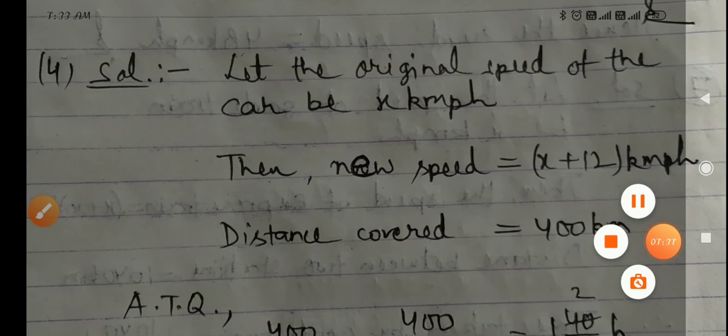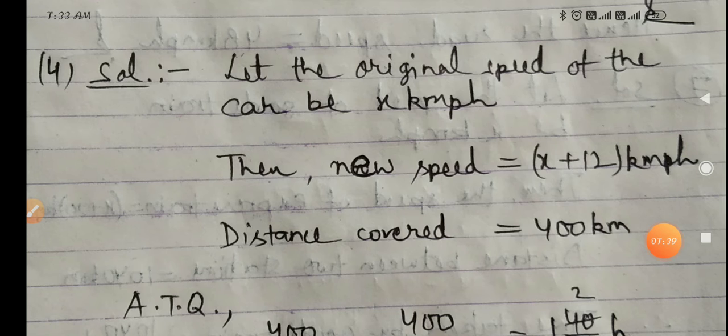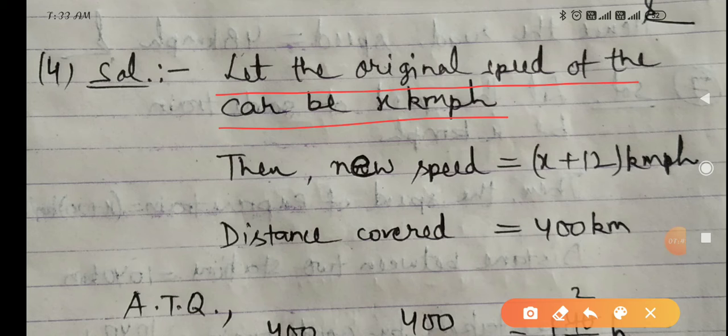Let the original speed of the car be x kmph. Then the new speed will be x plus 12 kmph, as I told you before, because it is given that the speed is 12 km per hour more.